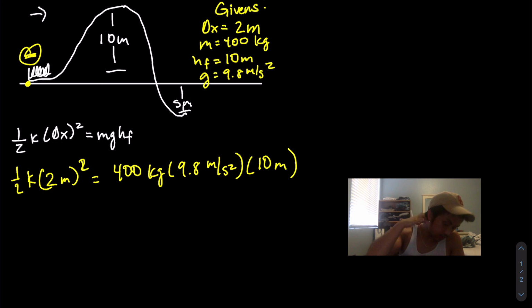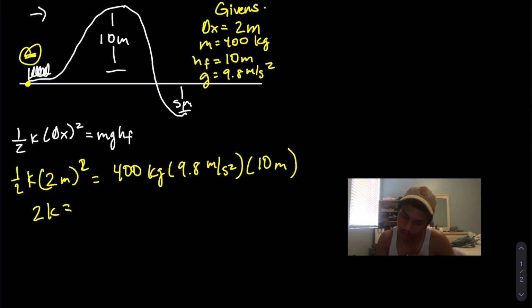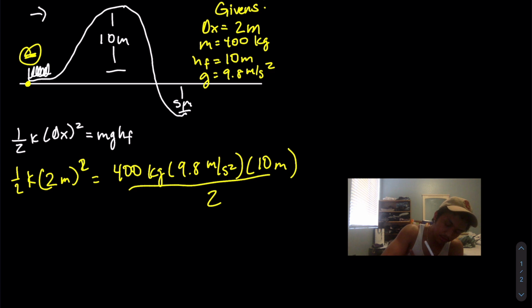So then you're going to have 2k on this side. And when you divide this by 2 to get k by itself, you're going to get 19,600 Newton meters.